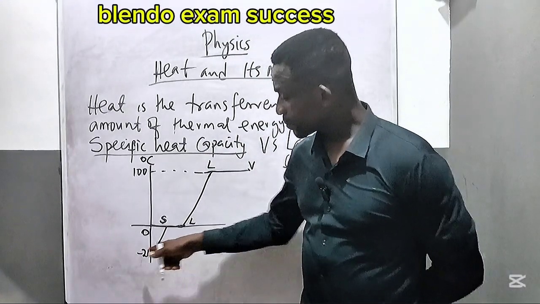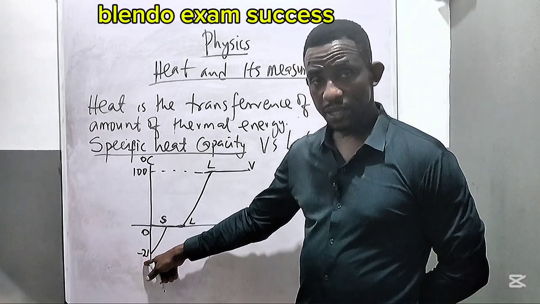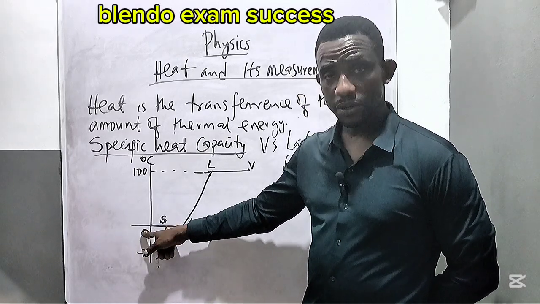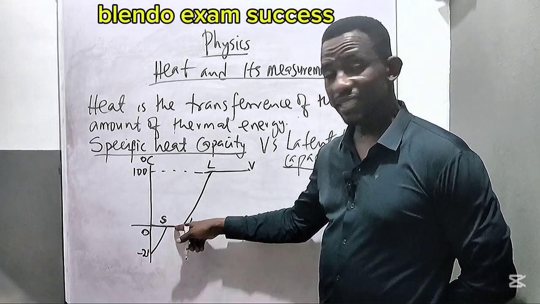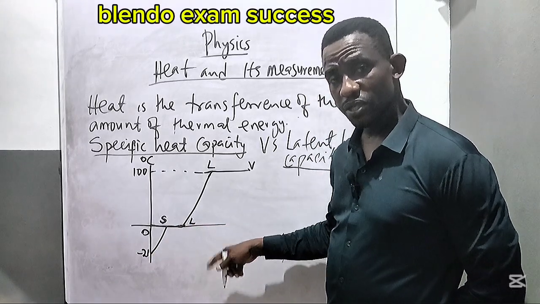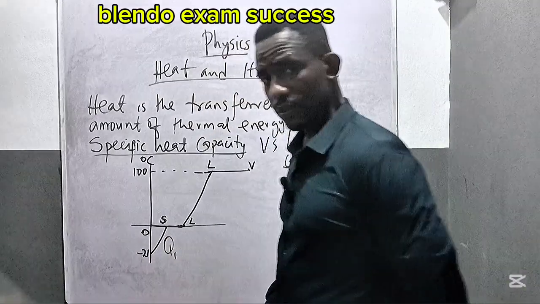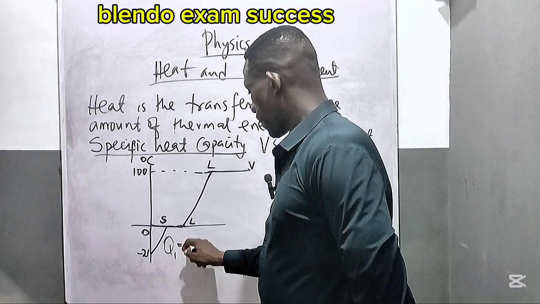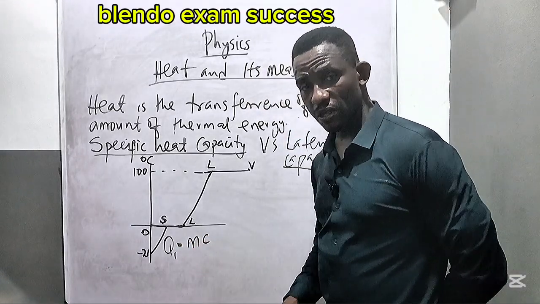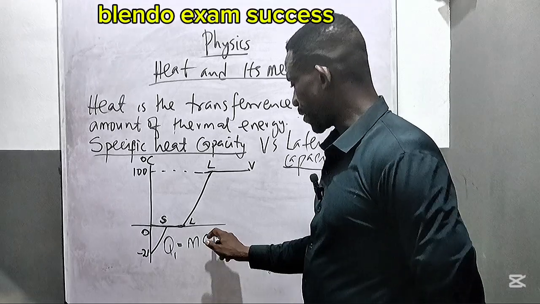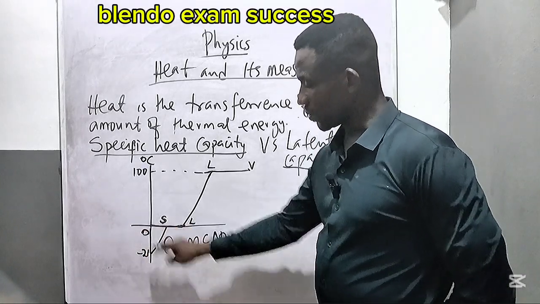So the temperature change here is proportional to the specific heat capacity. The quantity of heat, Q1, is equal to mass of ice multiplied by specific heat capacity of ice multiplied by change in temperature from minus 21 to 0.